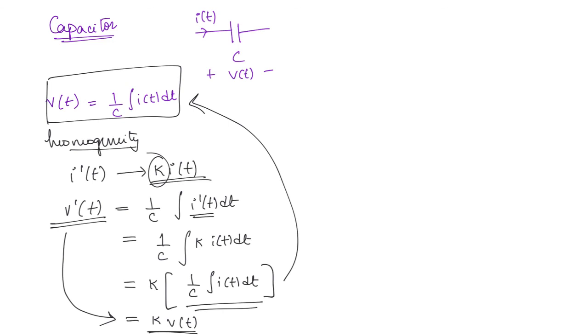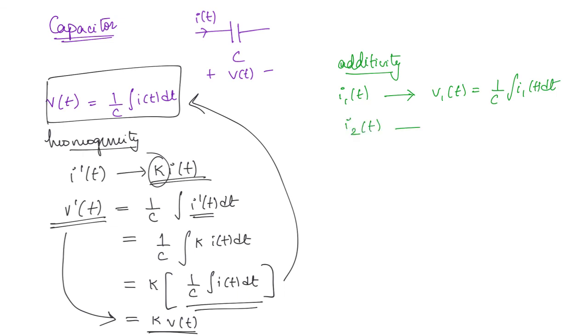Next, if you consider the property of additivity. Here you take two currents. For I1 of t, what will be the voltage due to this current? V1 of t will be equal to 1 by C integral I1 of t dt. And for some other current I2 of t, the voltage V2 will be 1 by C integral I2 of t dt.